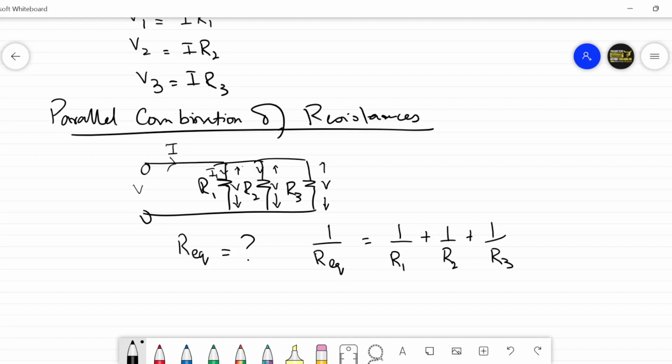So I1 will be flowing through here, I2 will be flowing through here, I3 current will be flowing through here, and I1, I2, I3, you can calculate them again through Ohm's law. I1 will be equal to V divided by R1, I2 will be equal to V divided by R2, I3 will be equal to V divided by R3.